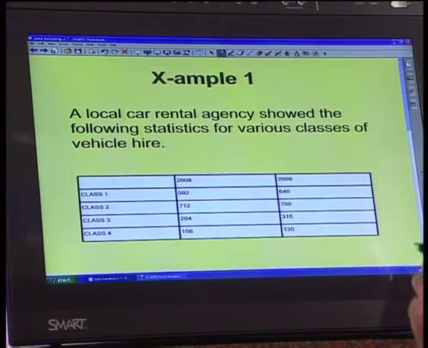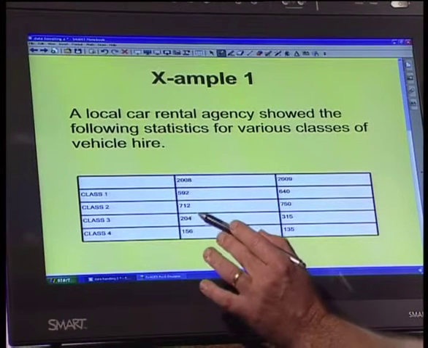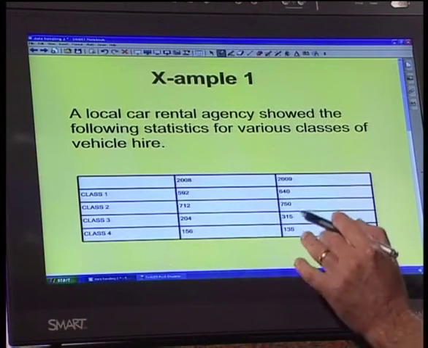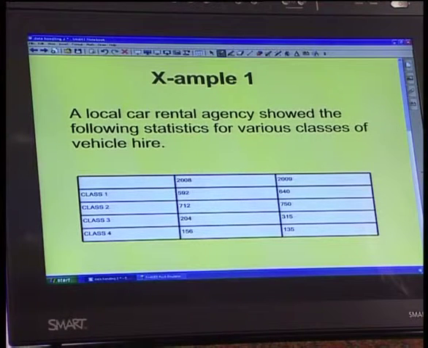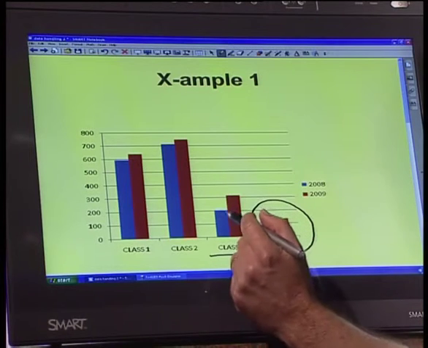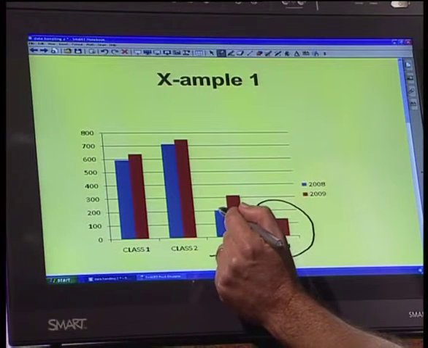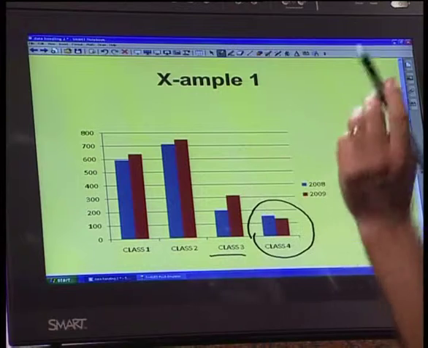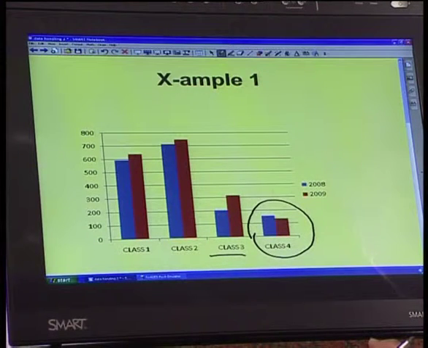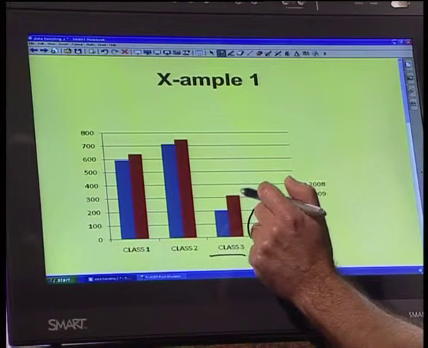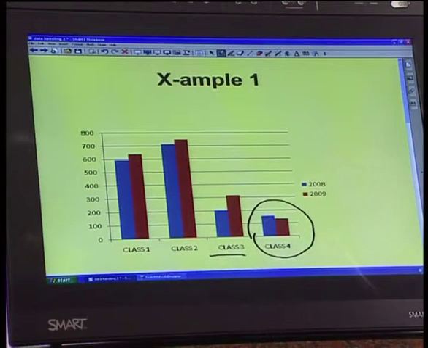If we look at the table in the previous slide, Class 3 sold 204 and then 309 in 2009. Going back to the chart, we can see that 204 is represented accurately in the blue column. 309 is also represented accurately on the red column.